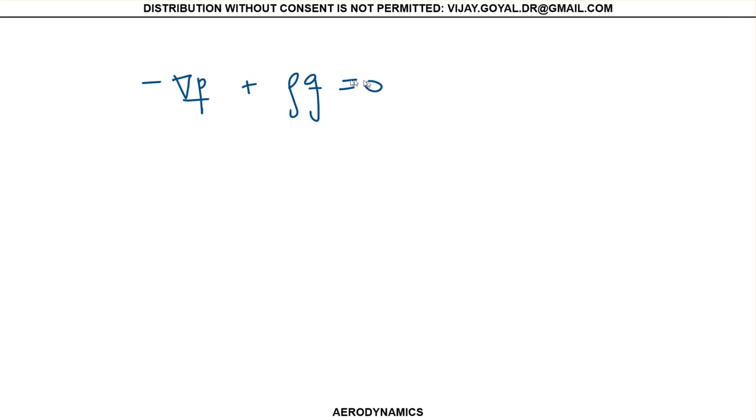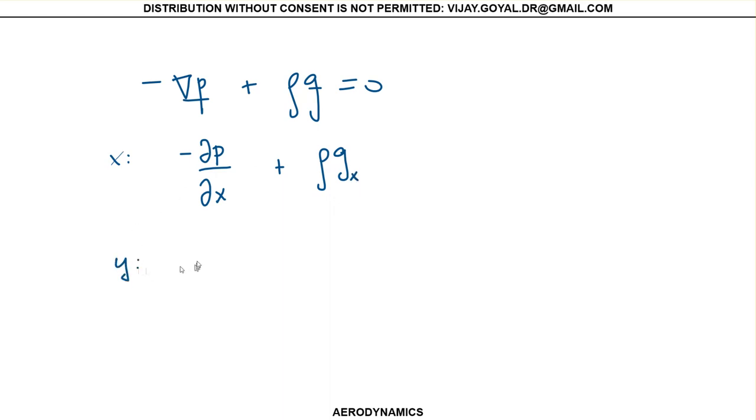And let me just show you different variations of these equations. That's probably a lot easier to break it down. So this is a vectorial notation. But I could break this down in the x direction, and it will look something like this: minus partial of p with respect to x plus rho g of x.